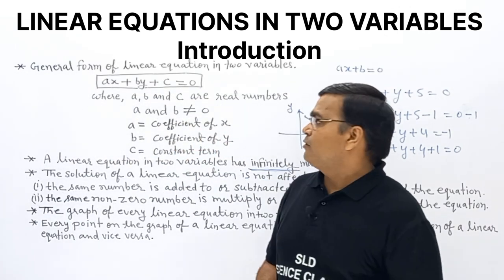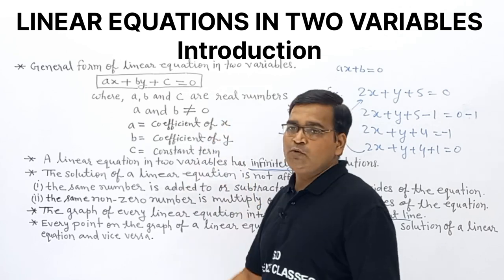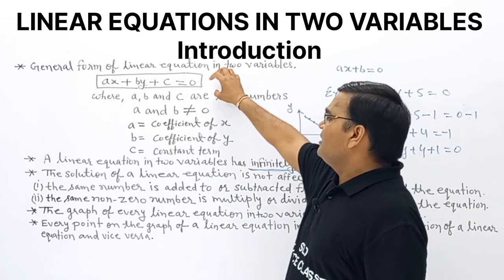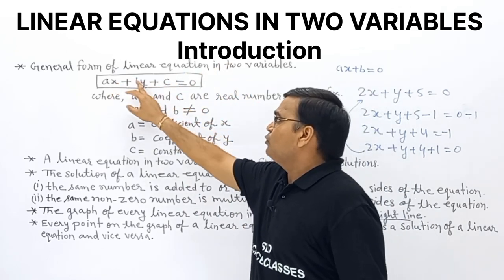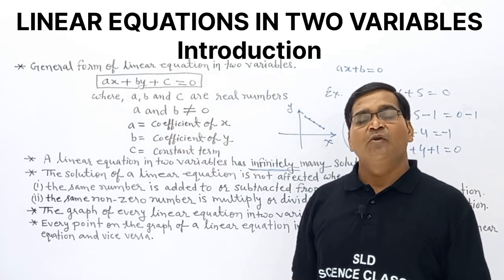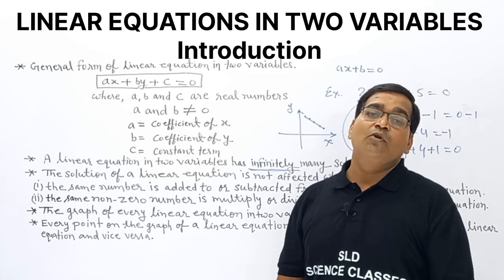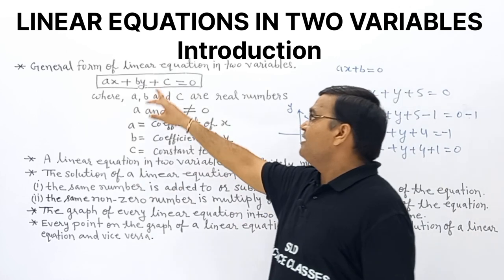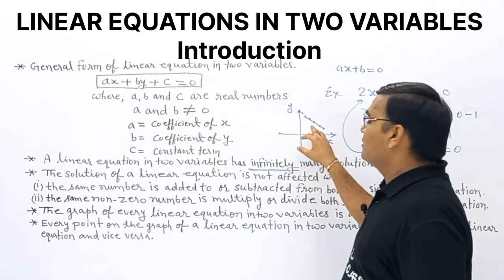I am just giving an introduction to linear equations in two variables. So in the linear equation in two variables, we have two variables, and the degree of these variables will be 1. So we say linear, and the word linear means we get a graph.